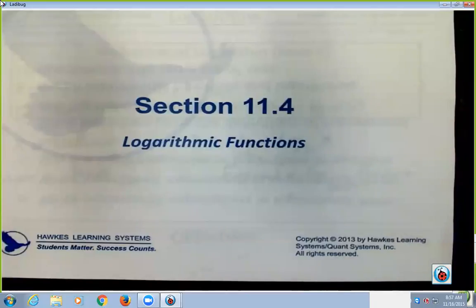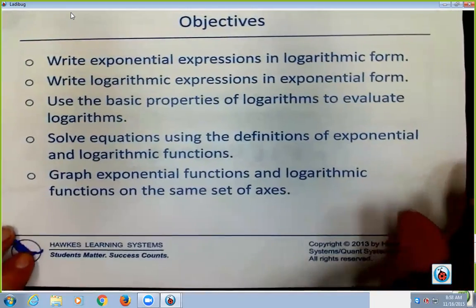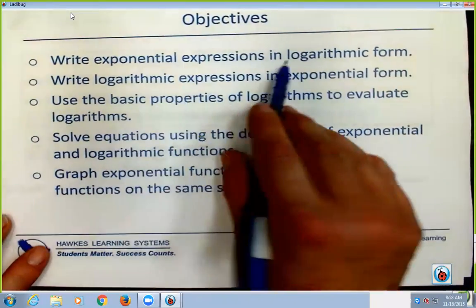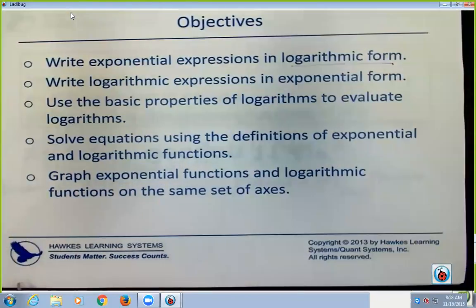Okay. 11.4 is doing some more stuff with logarithmic functions, and all logs are connected to exponents. They are another way of writing the exponential notation that we're working with. As we go through these, we're going to write exponential expressions in logarithmic form, and logarithmic expressions in exponential form.